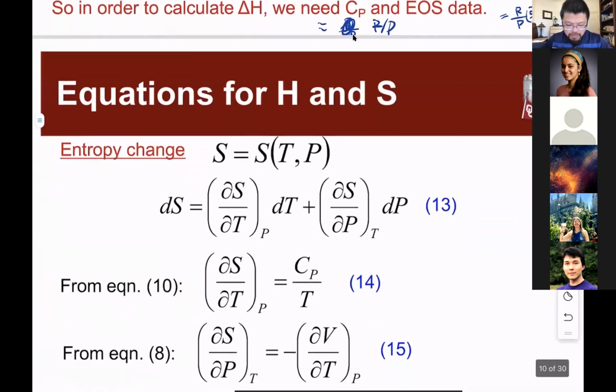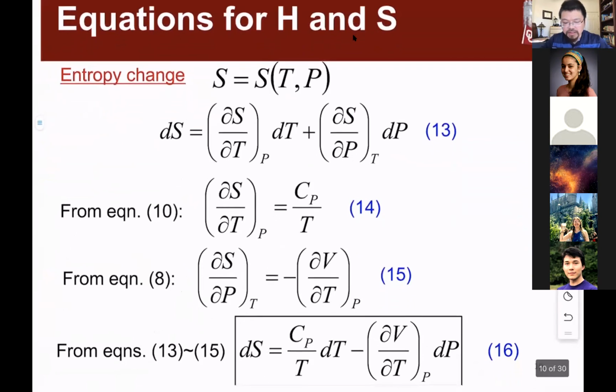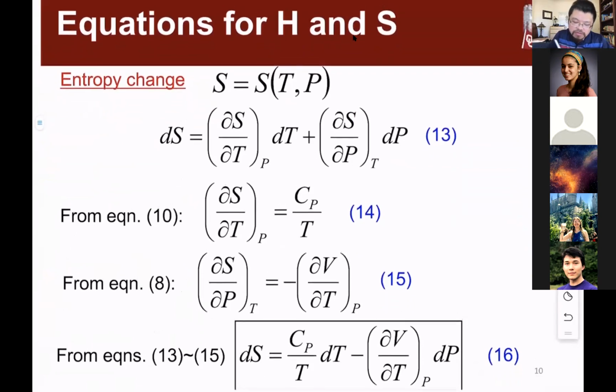Okay, so how about the second request? The second request is that we try to put entropy as a function of temperature and pressure. I'm not going to write down too much. I'm just going to read the slides and walk through those equations together with you.